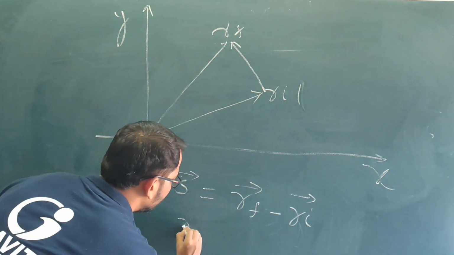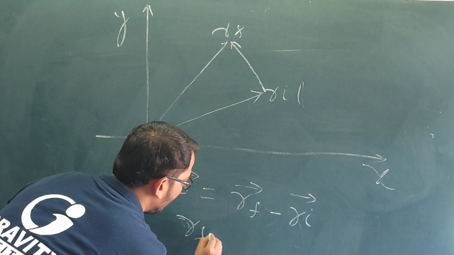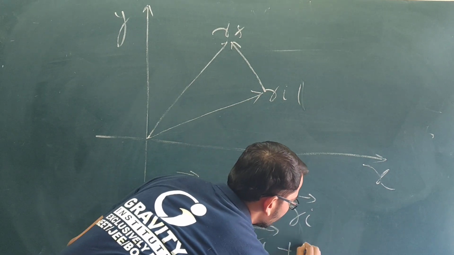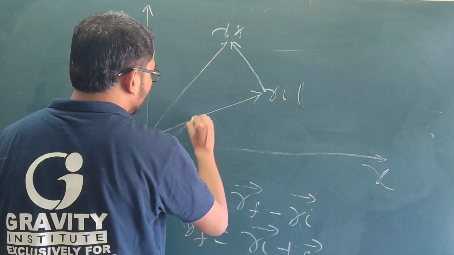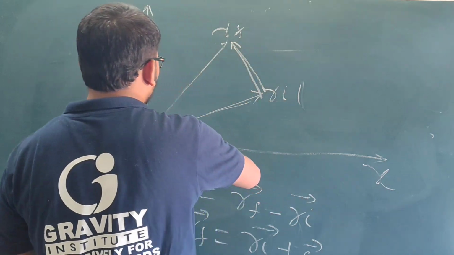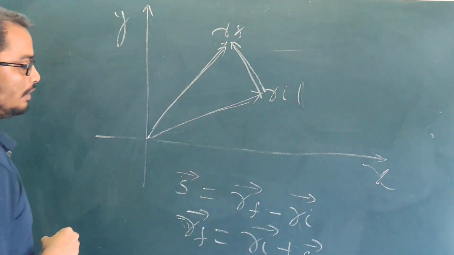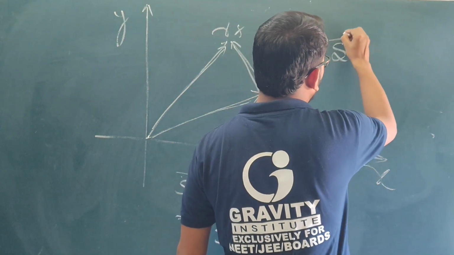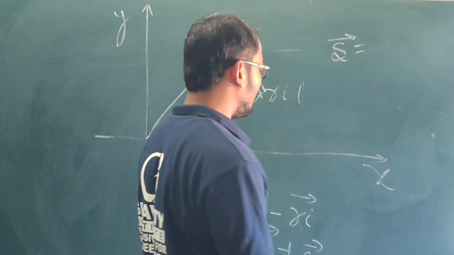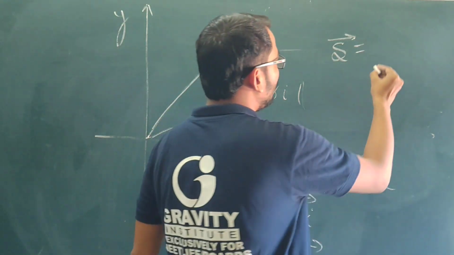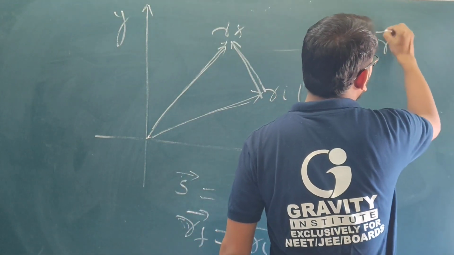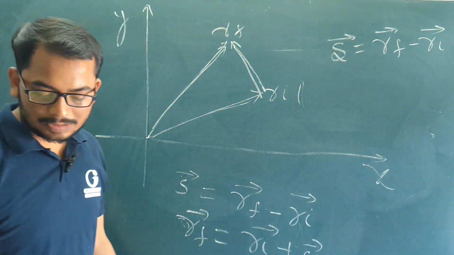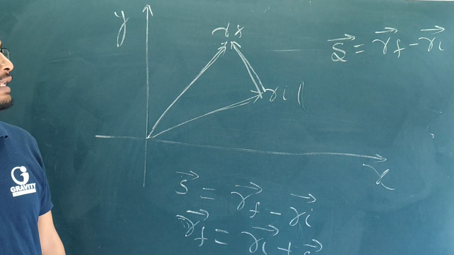Because if I say R final equals R initial plus S, then this vector and this vector, the resultant will be this vector. What is S? S is defined as displacement. So displacement is R final minus R initial.